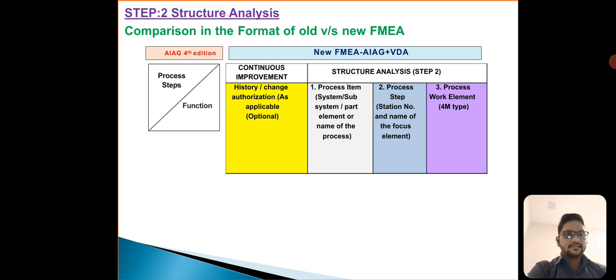Second is process step, that is station number or process name. Third is process work element, at the 4M type level. So what was process step and process function in AIAG is now process item, process step, and process work element.